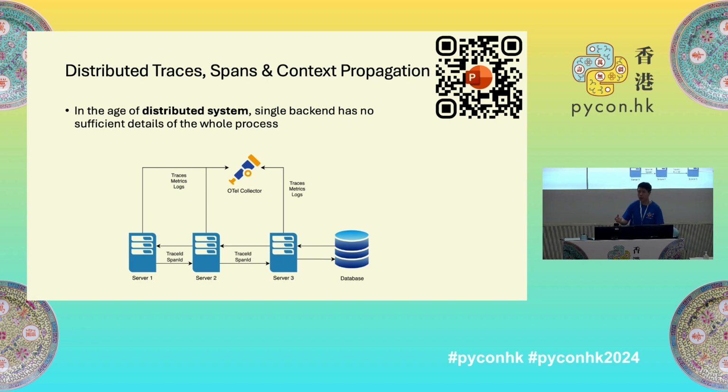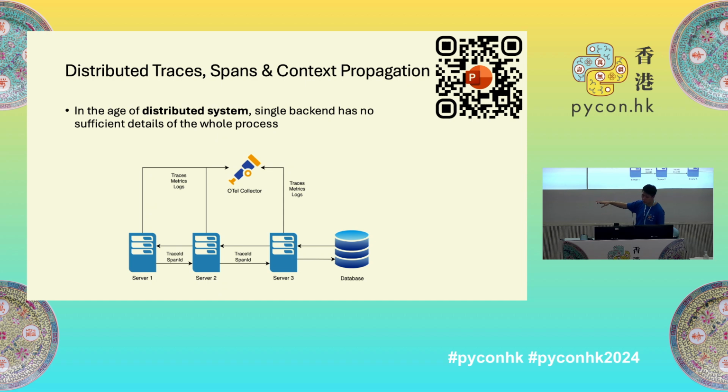But if we need to debug a whole system, it will be very painful because we have to aggregate a lot of data across different systems. So this is what distributed trace, span, and context propagation are about. Here you can see an illustration where server 1 is calling server 2, and it is propagating something called the trace ID and also the span ID.